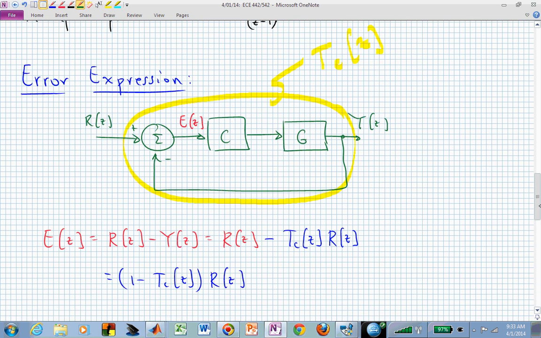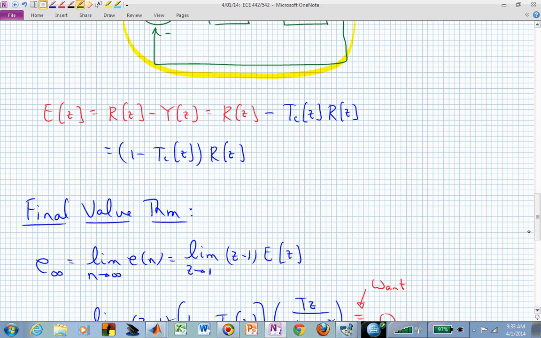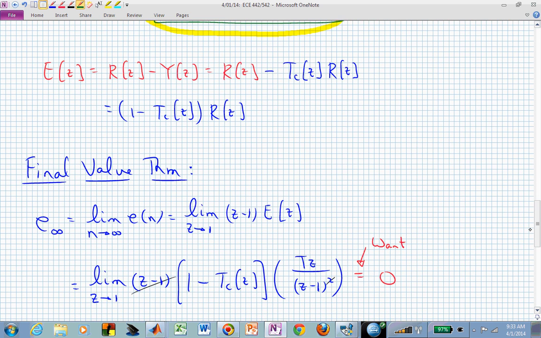We can factor out the common R, and now we will have an expression, using the final value theorem, to drive that error as time marches to infinity.